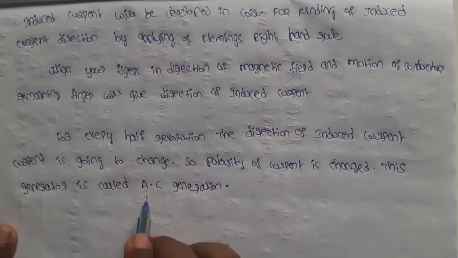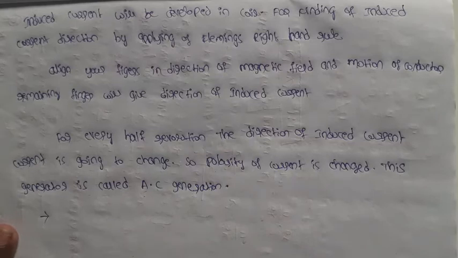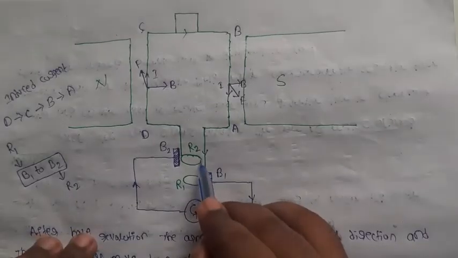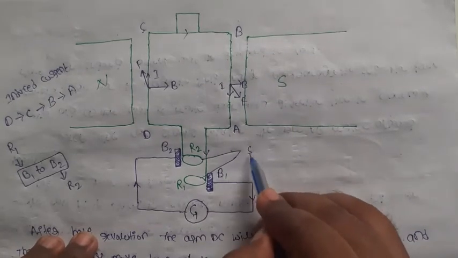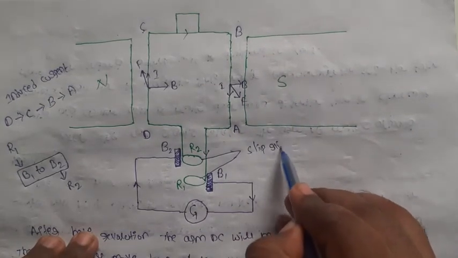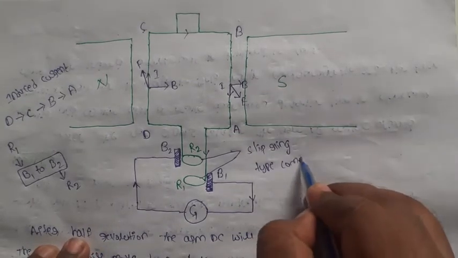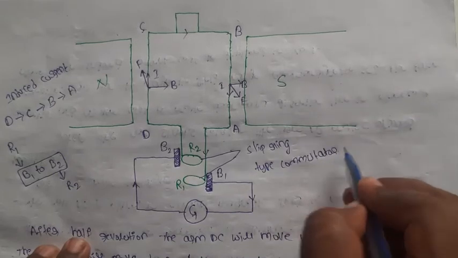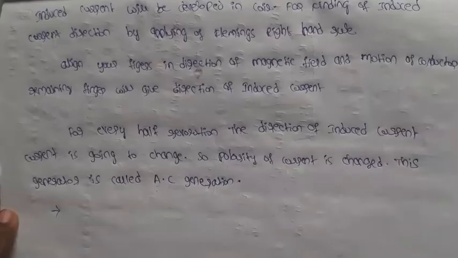Now observe here, in case of AC generator, why is the current direction going to be changed? Observe here, which type of rings are we using? Slip rings. Slip ring type commutator we use in AC generator. That's why polarity of current is going to be changed.